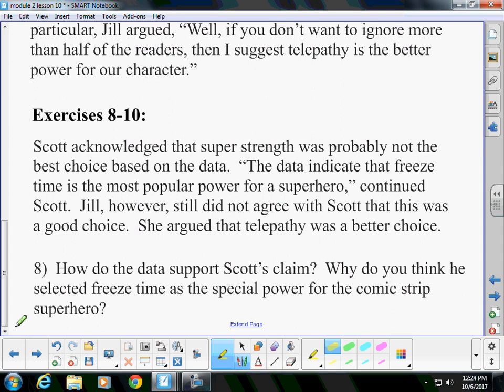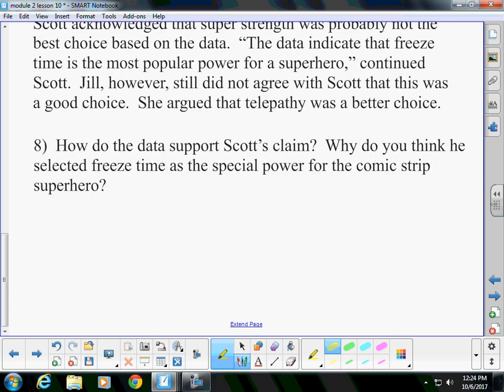Okay, so going back to the actual question, it says, how does the data support Scott's claim? Why do you think he selected freeze time? So my first answer is the number of males and females looks like it's the majority, or it looks like there's more people who chose freeze time compared to the other powers.